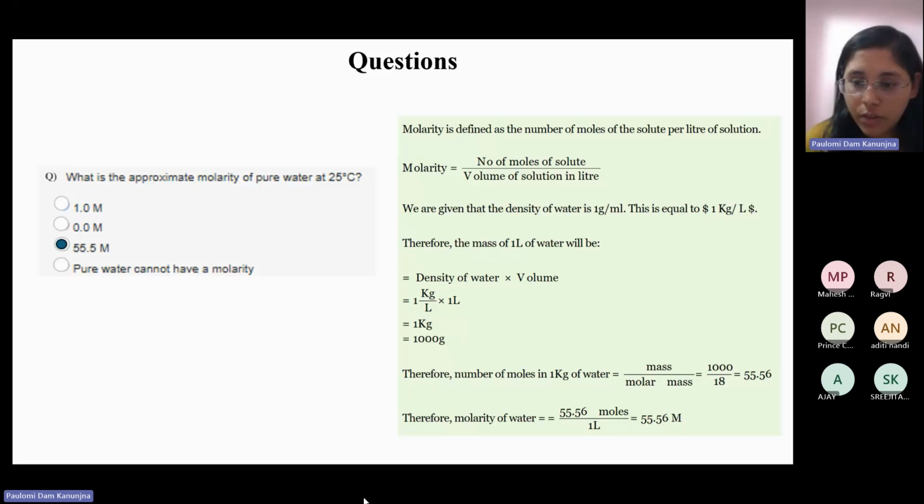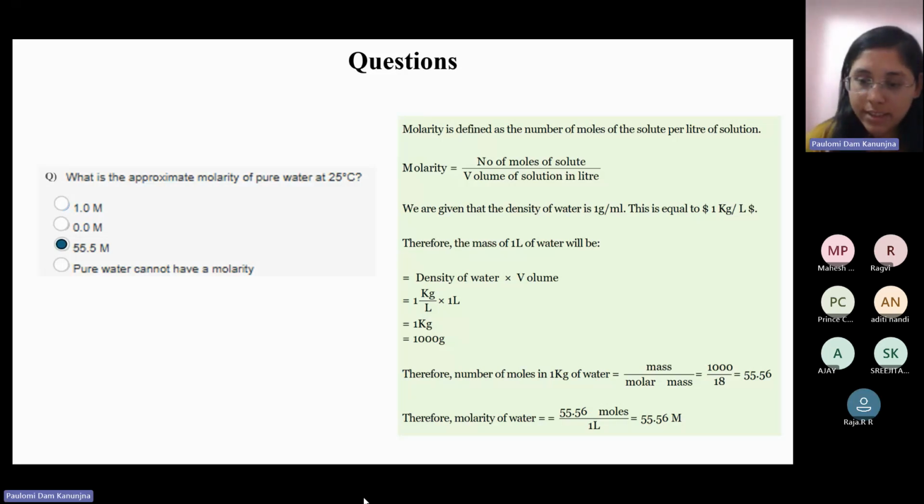Yeah? Okay. I tried to put it as molarity, because we are talking about the number of moles in volume of solution. Can you tell me what is the formula of molality? Someone asked molality, right?